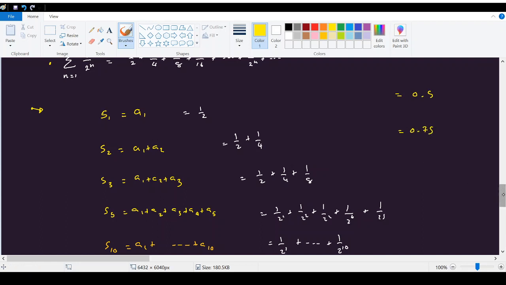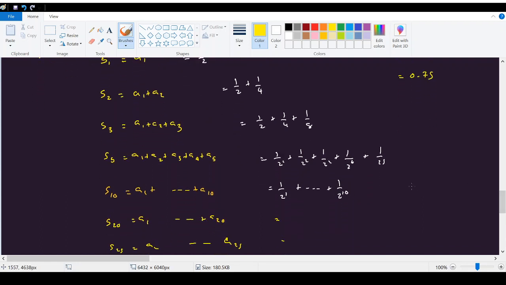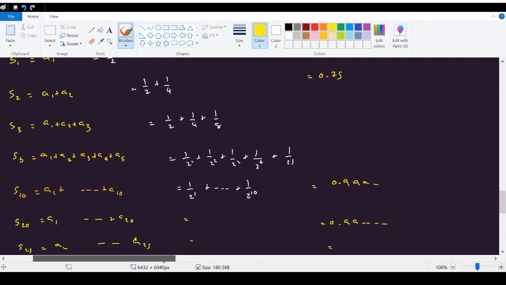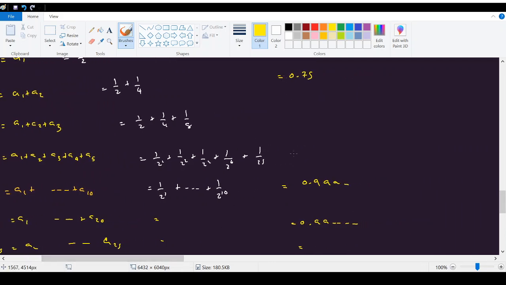You have to compute them manually. This is 0.999 and this is also 0.9999 something, as you can see by computing these things for our given specific example.